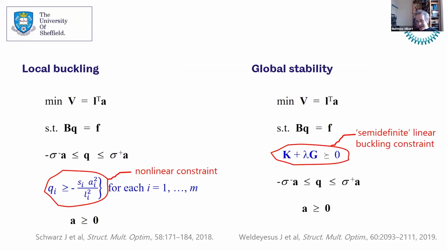So basically we augment the original formulations, the simple formulations, in the way that you can see on screen. So for the global stability, we introduce a new semi-definite constraint.